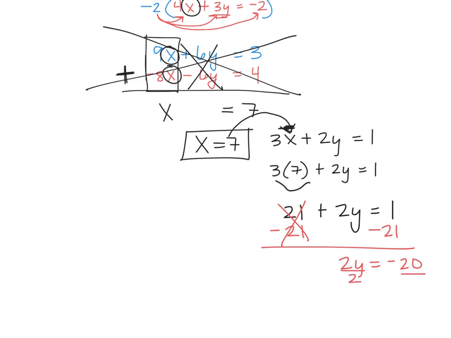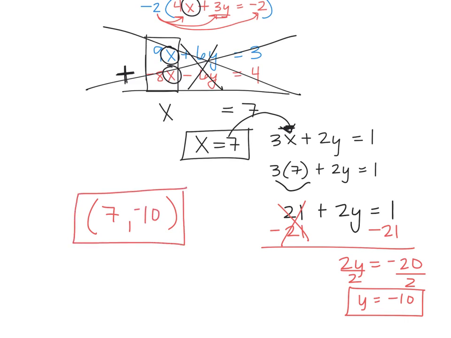And then divide by 2. So y equals negative 20 divided by 2? Negative 10. Okay, so your answer is what? 7, negative 10. Yes. Okay, 7, negative 10 would be your answer.